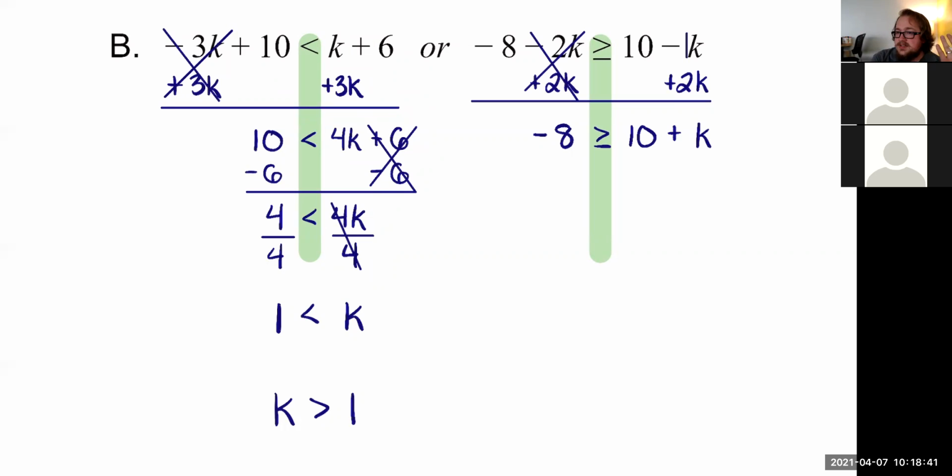Because all that's left to do is to get that variable by itself. And with that 1 hiding on the K, all I see that needs to move still is I need to subtract 10 from both sides. So negative 8 minus 10 gives me a negative 18 is greater than or equal to K.